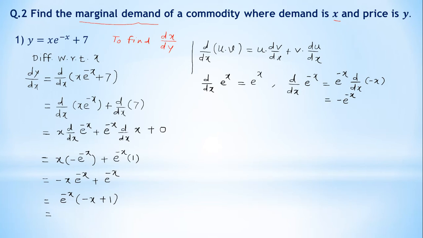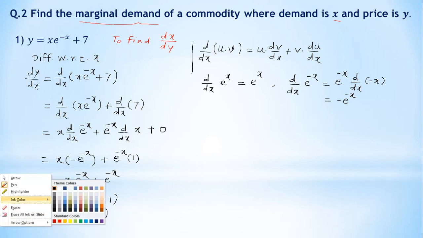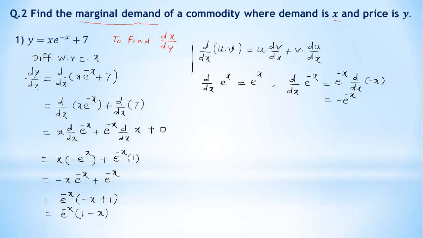So we can write this as e raised to minus x into bracket 1 minus x. Finally we get dy by dx as e raised to minus x into bracket 1 minus x. So remember up to this step. See here properly.